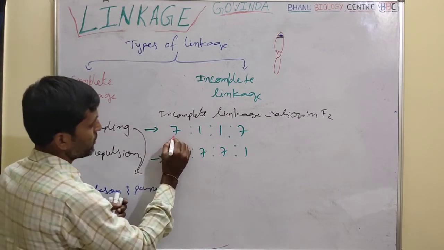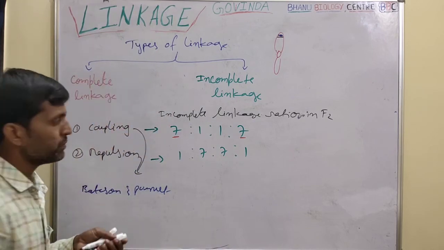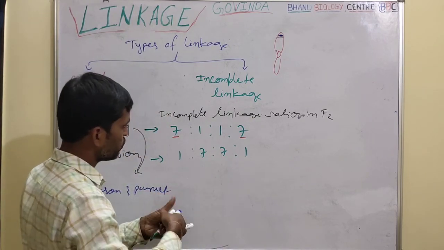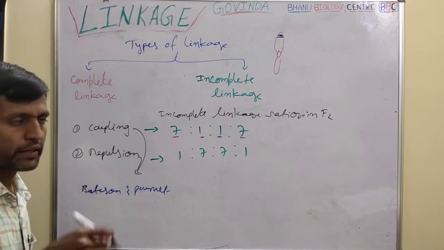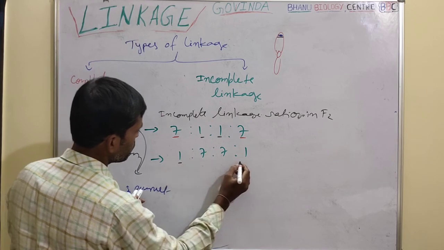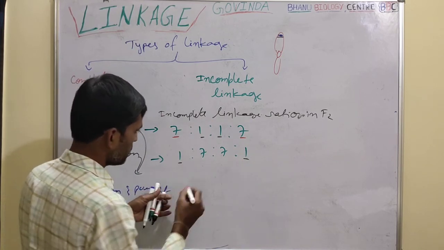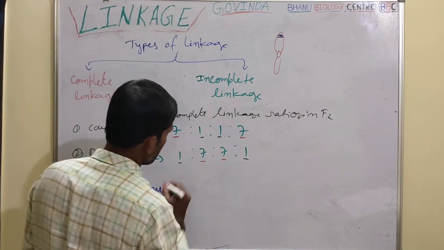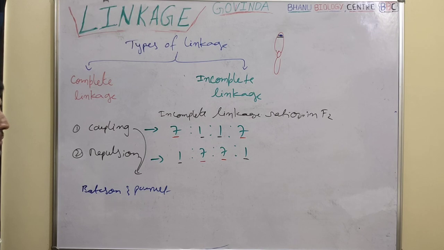In coupling, the 7s represent the parental types, and the remaining 1s represent the recombinants. In repulsion also, the 1s represent the recombinant types, but the 7s represent the parental types. So this is about the types of linkage.